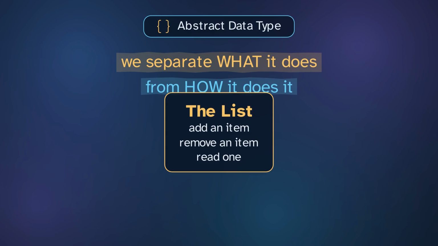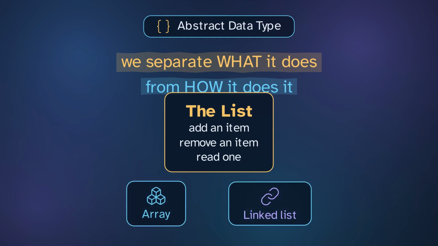That description says nothing about memory. The how is called the implementation. And we just built two different implementations of that same list. The array and the linked list. Same promises to the outside world, very different costs inside.